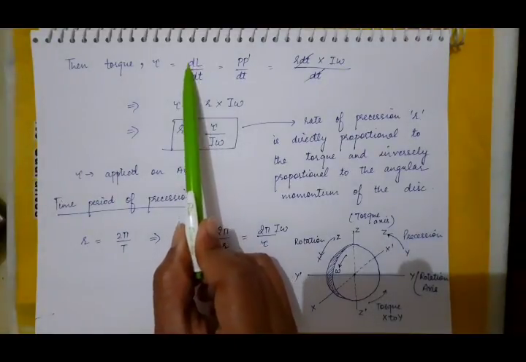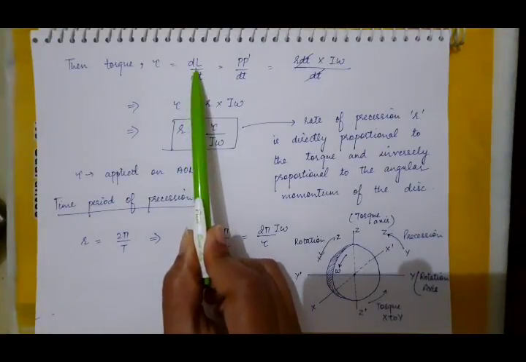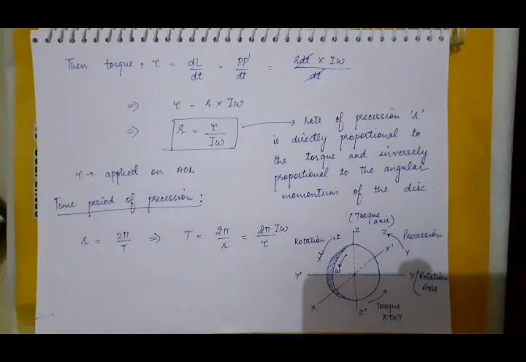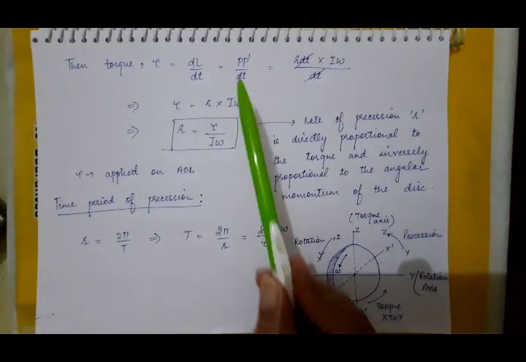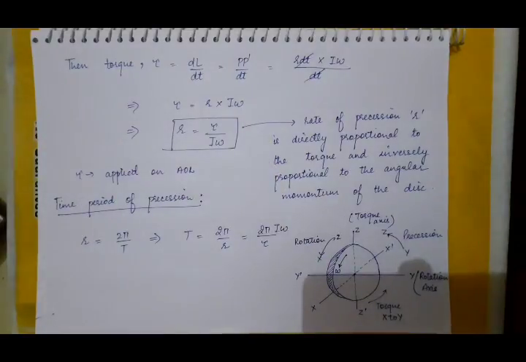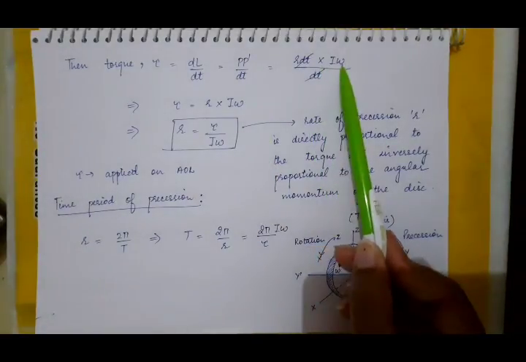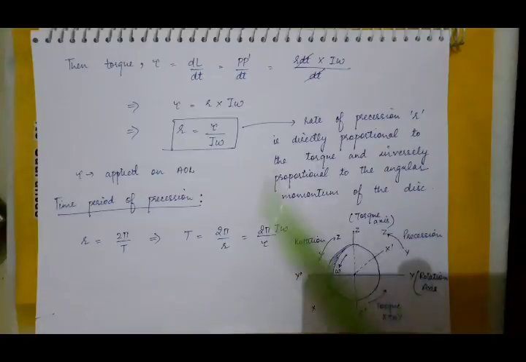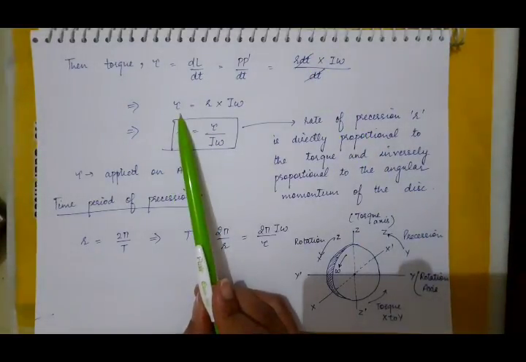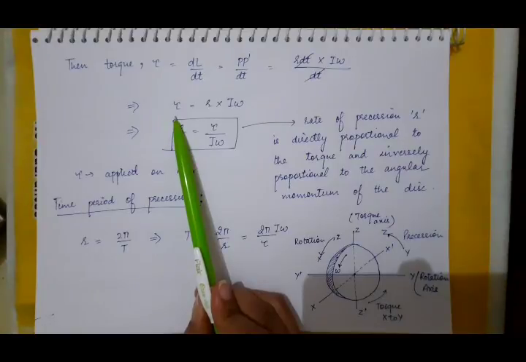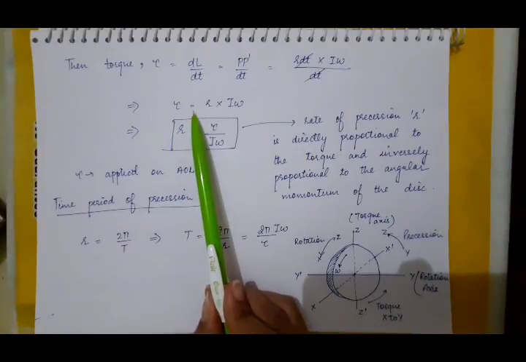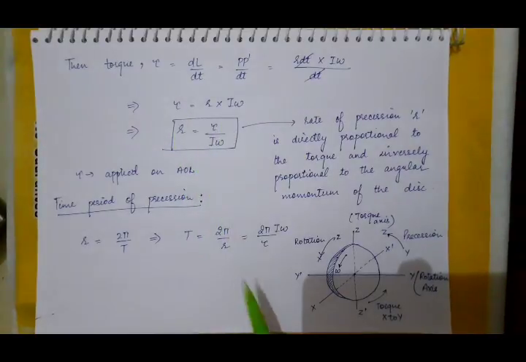So only this change in angular momentum will be because of this PP dash. And what is PP dash? We have calculated in the previous equation. It is equal to r dt into I omega. So dt and dt will be cancelled out. So the torque applied in a direction perpendicular to the axis of rotation is equal to r into I omega.